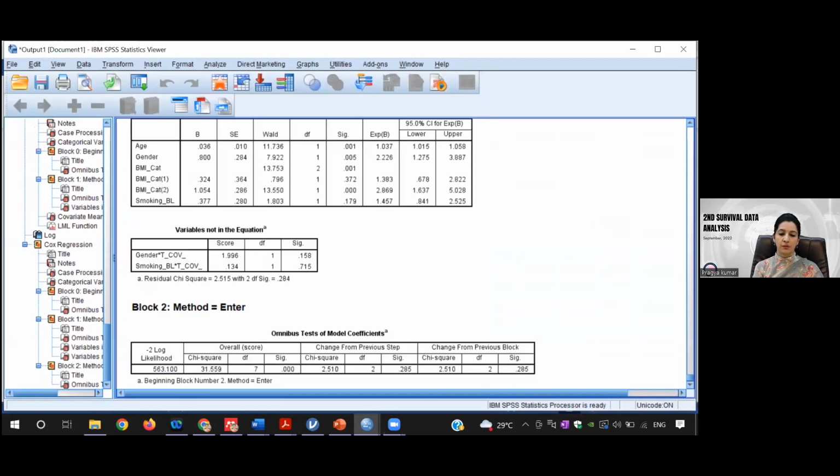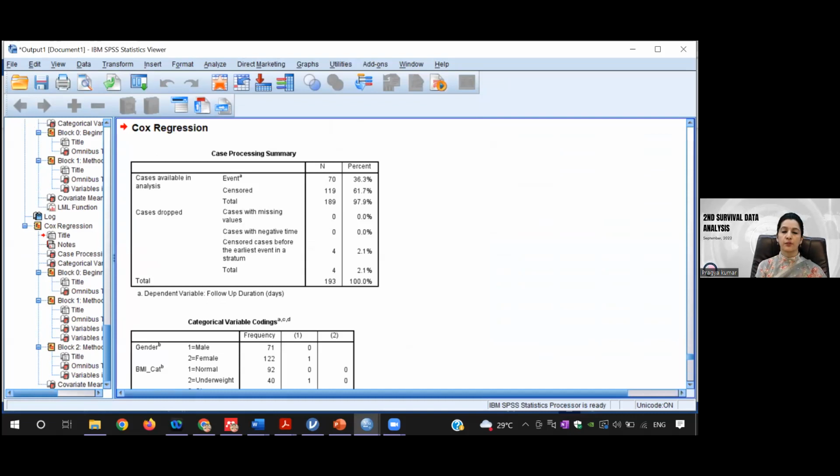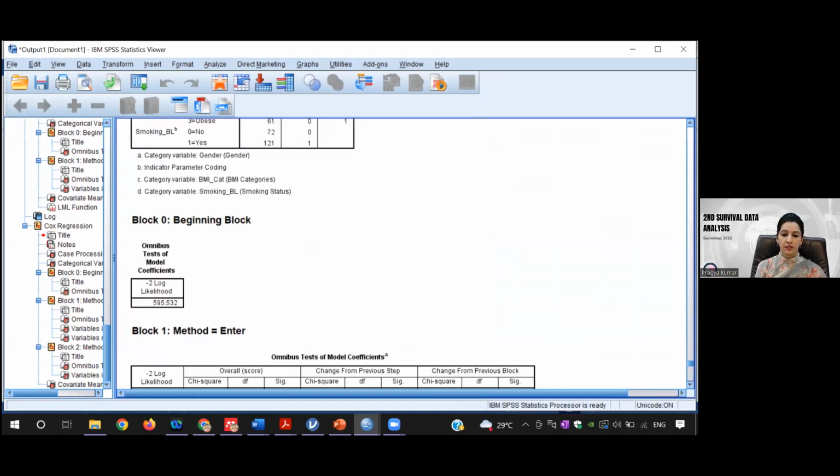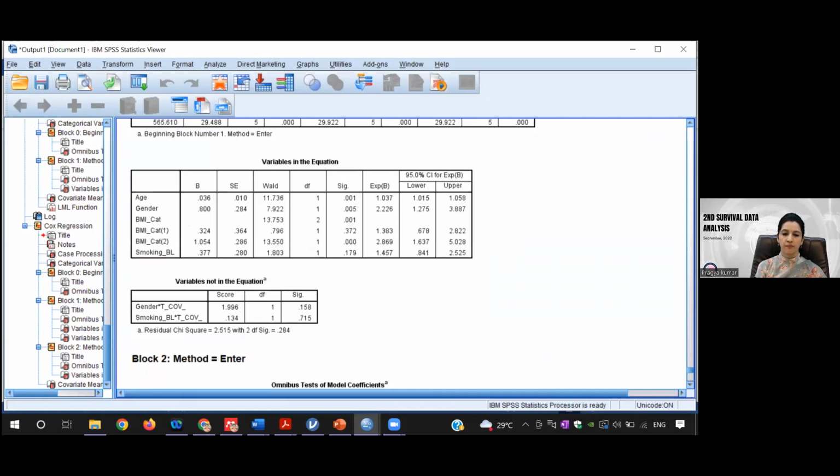So when you click this, now it will give you the two models. It gives you the beginning block. Again, it is the same -2 log likelihood which we have done. This gives you only the first variable, because we have used a block. It gives you the values which you can see here: exponent at 95% confidence interval and the significance level.